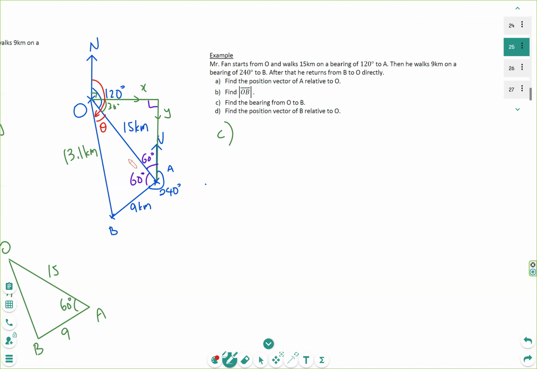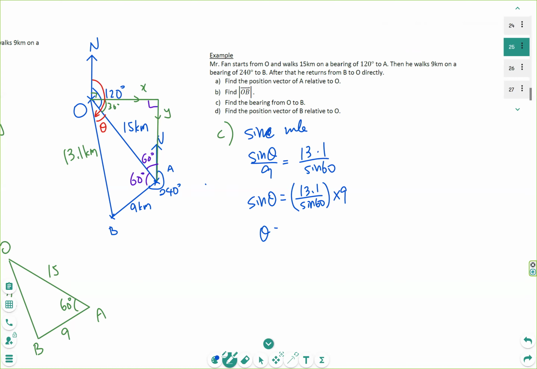So to work out theta, we know 13.1, we can use sine rule. So sine rule. So sine theta over 9 equals 13.1 over sine 60. Easy peasy. So sine theta equals 13.1 over sine 60 degree, times it by 9. So theta equals inverse sine the whole thing.